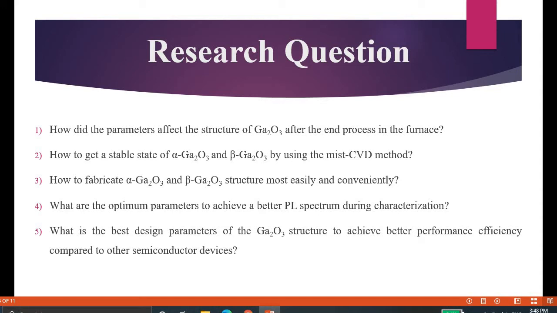The fourth question is what are the optimum parameters to achieve a better PL spectrum during characterization. And lastly, what is the best design parameters of the gallium oxide thin film structure in order to achieve better performance efficiency compared to other semiconductor devices.